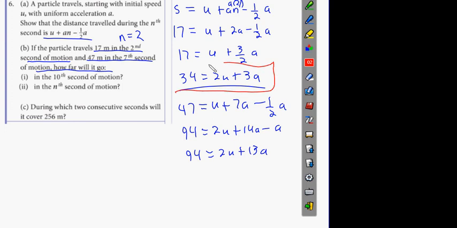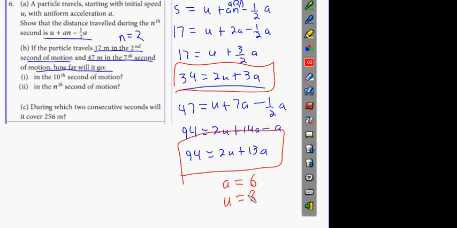You solve these as a simultaneous equation. Am I alright just to put down the answer of the simultaneous equation? When you solve these as a simultaneous equation, I'm going to get a equals 6 and u equals 8.